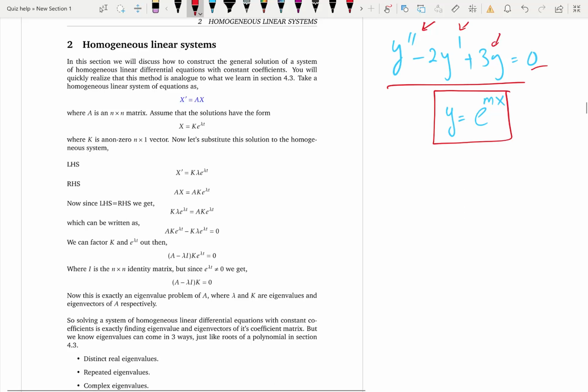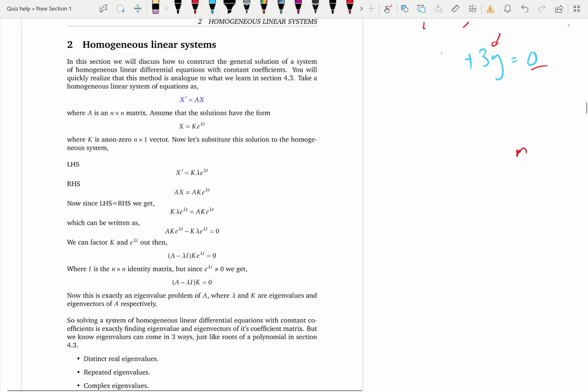If you think about y and y prime here, y prime is m e to the mx. So it's e to the mx, but multiplied by a constant m. So there's not much difference between y and y prime, right? This can happen only with several types of functions, for example e to the mx. All right, so that is why we choose y equal to e to the mx as our solution.